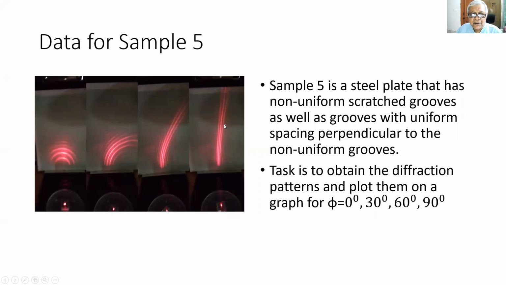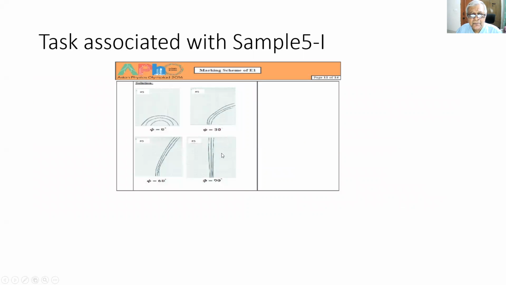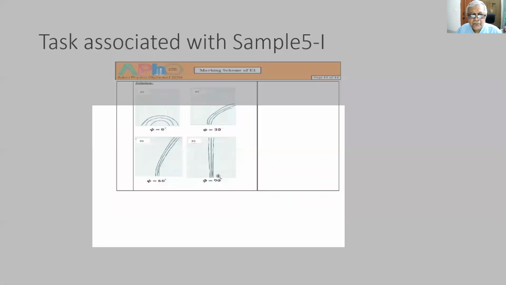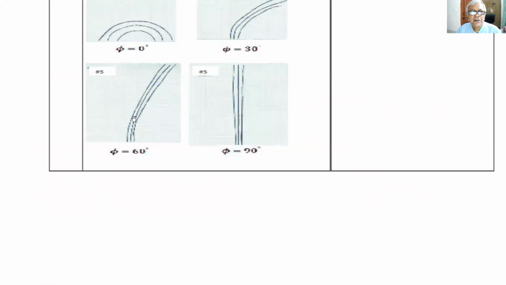And this is at 60 degrees, and this is when the non-uniform grooves are at 90 degrees to the thing. So these are plotted out here. These are the points that you see, okay? These are continuous graphs out here.